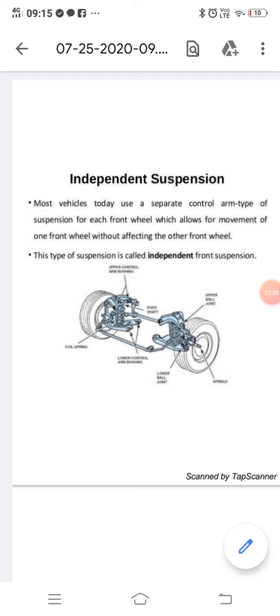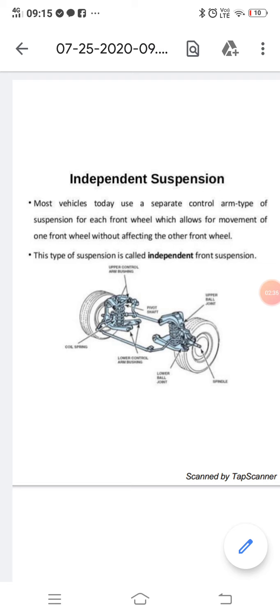But in the case of coil spring suspension, the space required is very small and the weight is also very low, and you can absorb the energy within the suspension system. Obviously the cost is also reduced in the case of coil spring, or independent type of suspension systems.